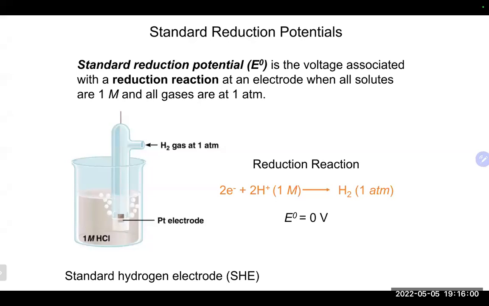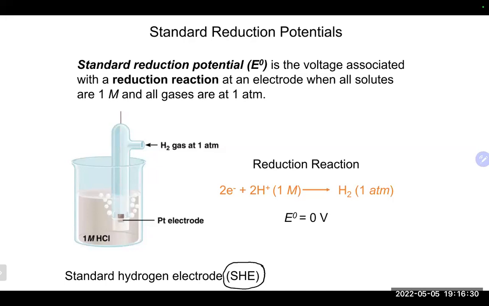But much like in chemistry, when we have a hard time directly measuring certain things, we oftentimes like to place something as a standard to compare everybody else to. So for the standard reduction potentials, it is the hydrogen electrode, which is sometimes referred to as the SHE, for standard hydrogen electrode, that they just arbitrarily use as the standard to compare everybody to.